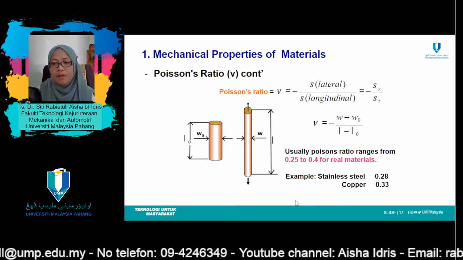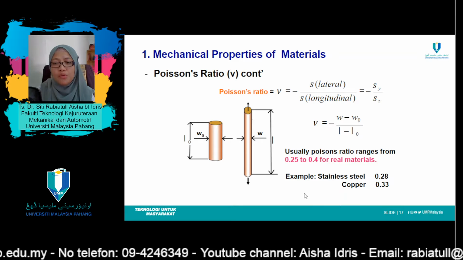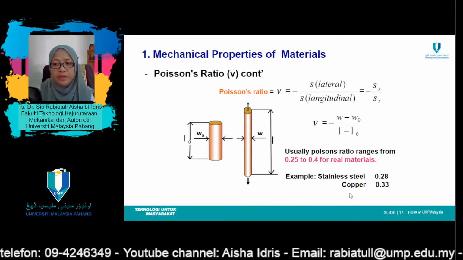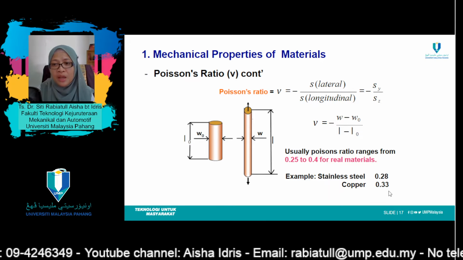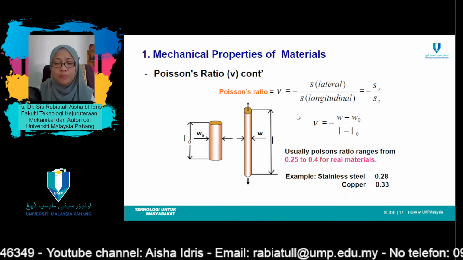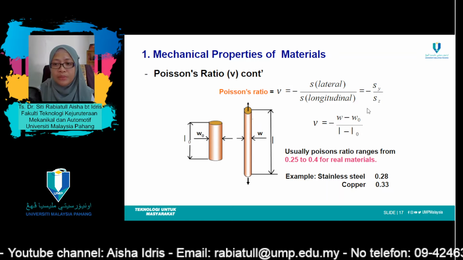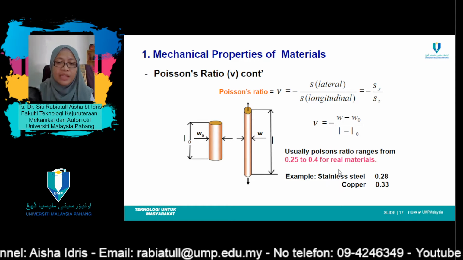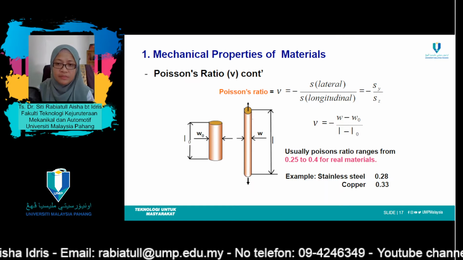Examples of Poisson ratio values: stainless steel is normally 0.28, whereas copper is 0.33. And again, this is the formula on how to calculate the Poisson ratio with its normal range of values for materials.